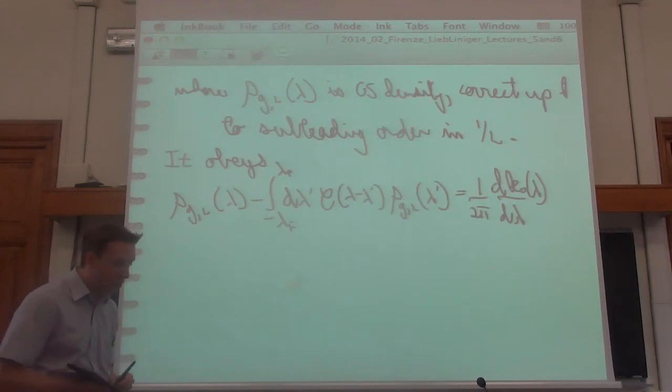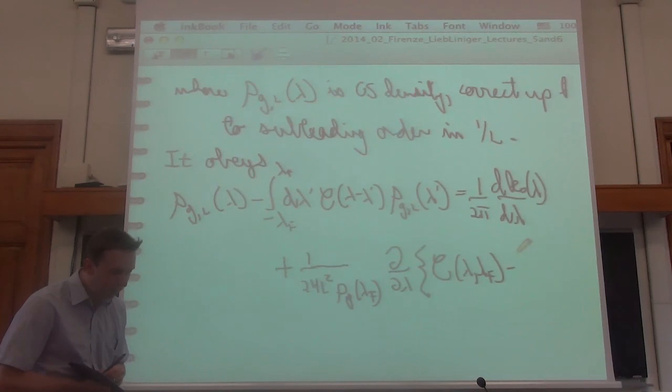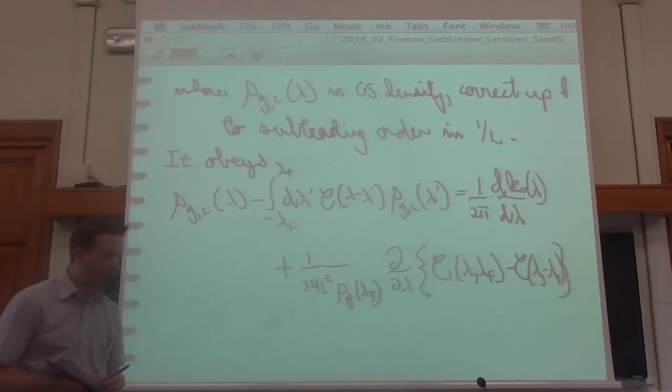So this term changes the driving term here. So on the right-hand side, there's an extra 1 over 24 L squared rho g of lambda f, where this one here you can replace by the thermodynamic one without making an error. And now there's a d lambda of just the boundary contributions here, c of lambda f minus c of lambda minus lambda f. Okay, so it's just an extra correction term that you have.